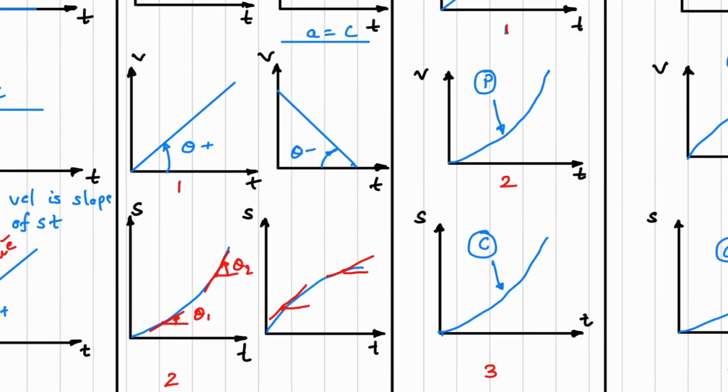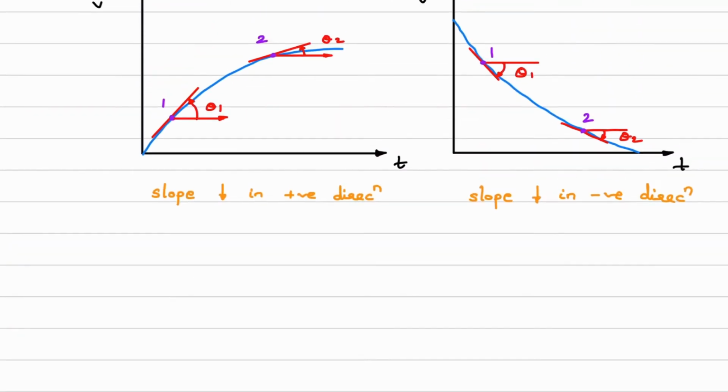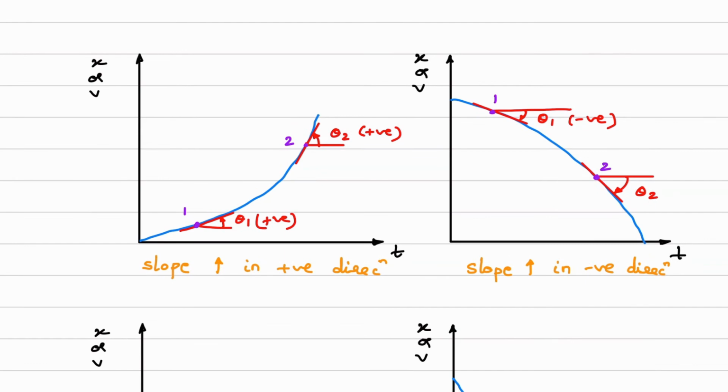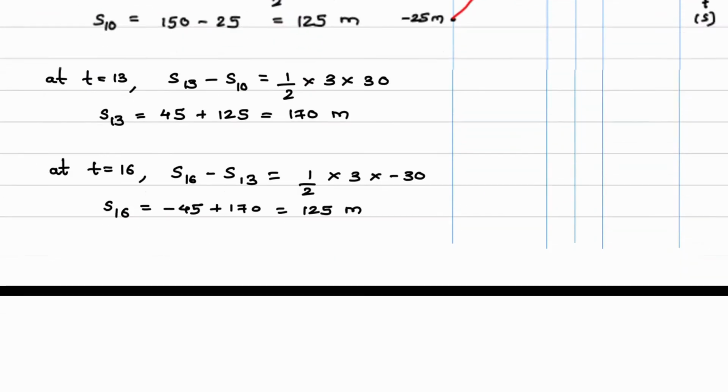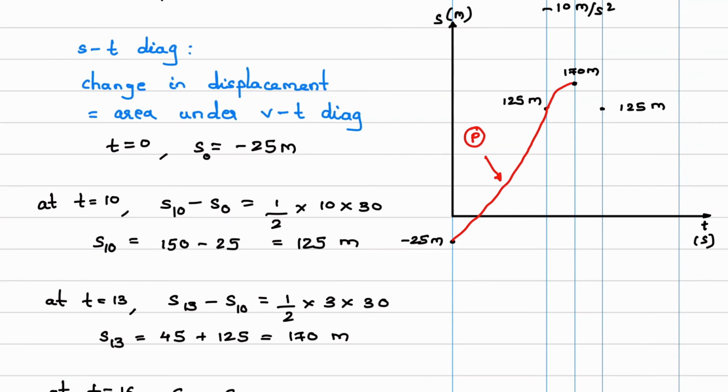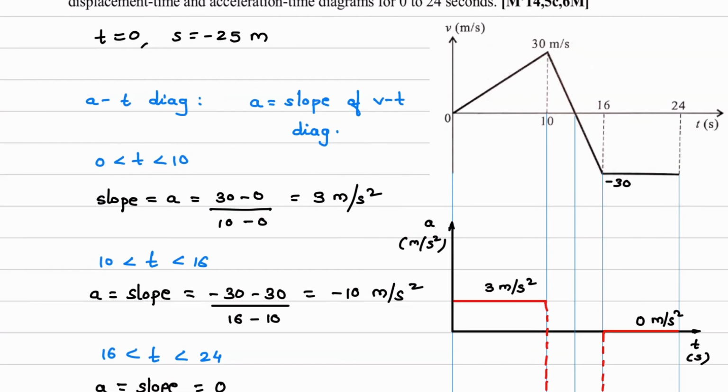So we will see which curve we have to use now. Slope should increase in negative direction. So this curve we have to use like this. So we'll draw the curve now. From this point, now we have reached till this 16 seconds.